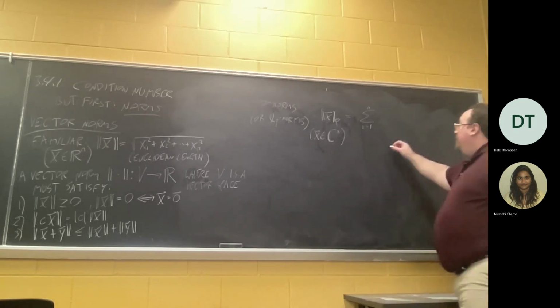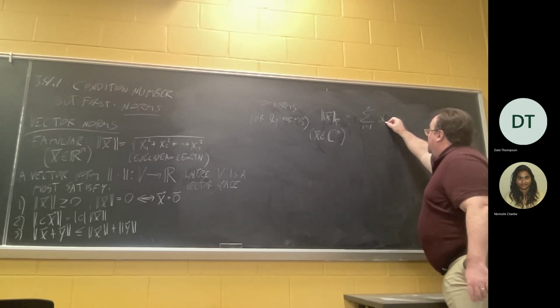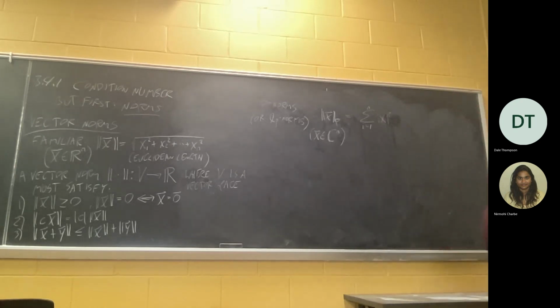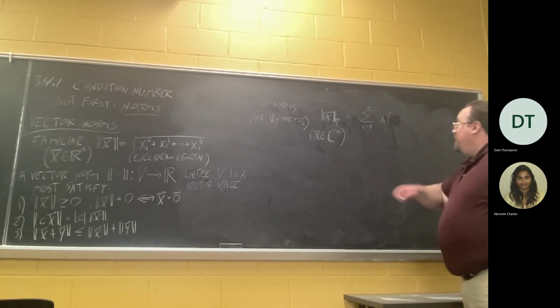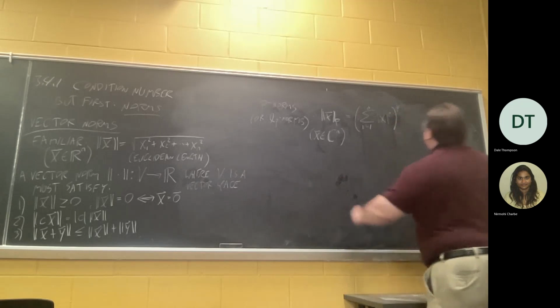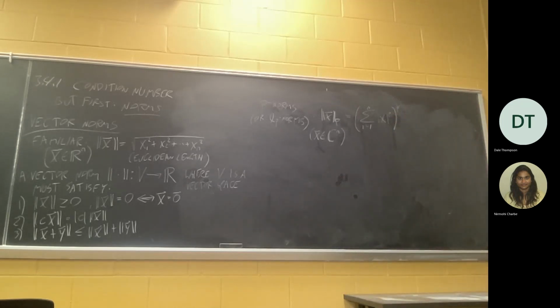So we take the absolute value of each component of a vector and we raise it to the p power. The p can be odd, for instance, so that's why we need absolute values, and certainly if the vector is complex. We add them all up and then we raise the sum to the 1 over p power. So whatever p you choose, that's a p norm. That's how a p norm is defined.